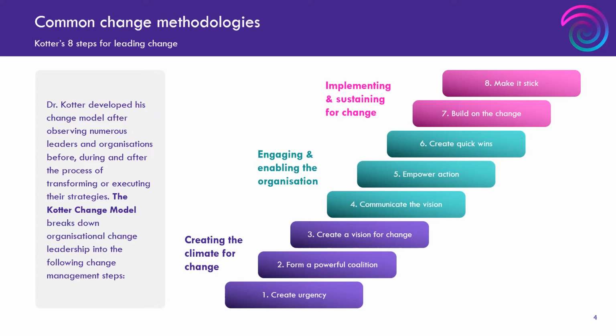There are, again, many different versions of these steps, and depending on the size of the change and the scale of the business, all these different variables will ultimately affect how these steps are carried out.